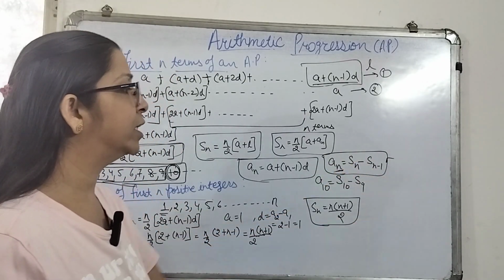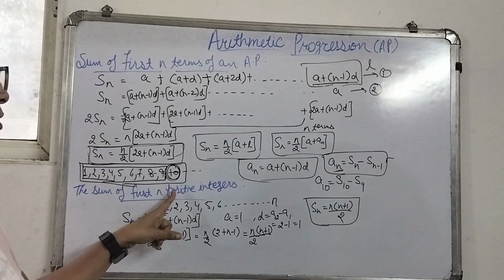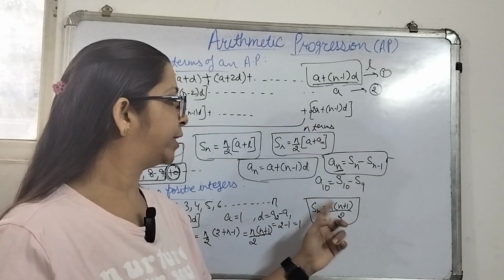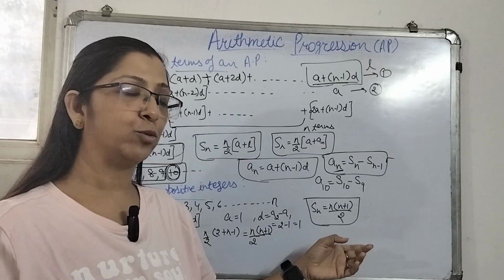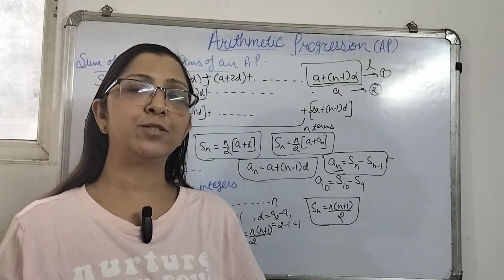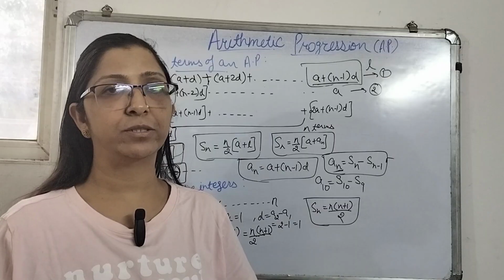This formula could be used. And if it is the sum of first n positive integers, then this will be the formula, that is Sn is equivalent to n into n plus 1 by 2. Using these formulas, we can solve multiple types of questions.